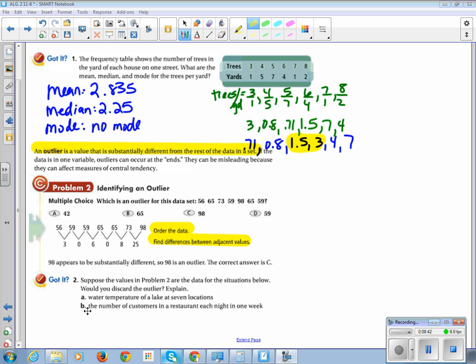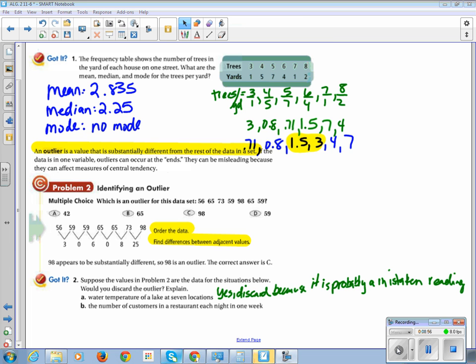So let's look at it in this situation where, what if this were the number of customers we had at a restaurant? Would we discard the 98 customers? So for B, I would say no, don't discard.